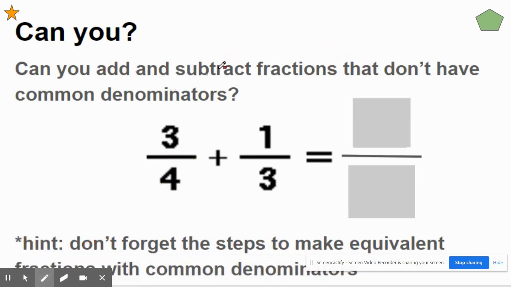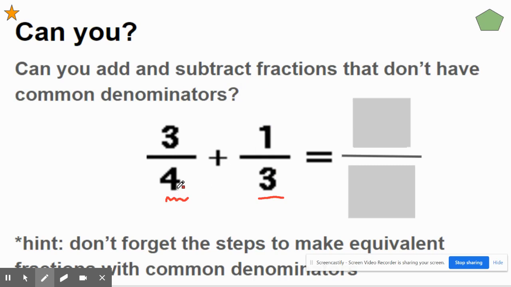Can you add and subtract fractions that don't have common denominators? All right, so when they don't have common denominators, it means that the denominators or the bottom numbers are different, like in this fraction, okay? So before we can add anything, we have to change our denominators to common denominators, okay?